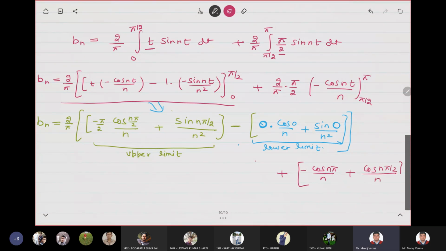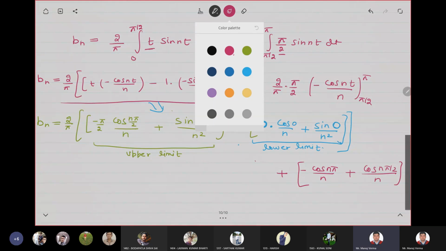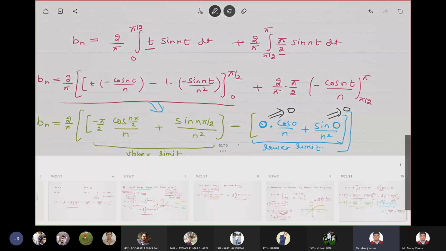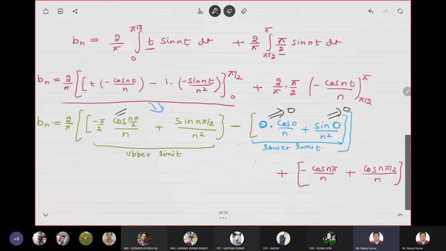Now what we have done is, in the first expression we have inserted both upper limit and lower limit, and in the second expression we have also inserted the upper limit and lower limit. So we will quickly see which values are going to be what. You can see this cos 0 term will become 0, this sine 0 term will also become 0. And this cos n pi by 2 will also be 0.